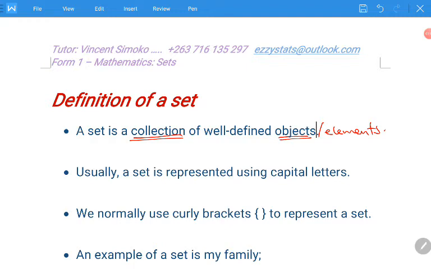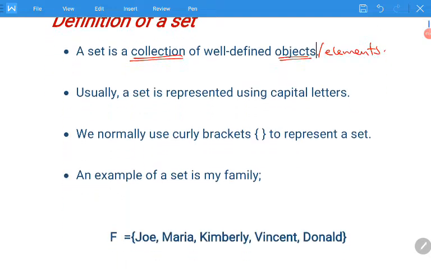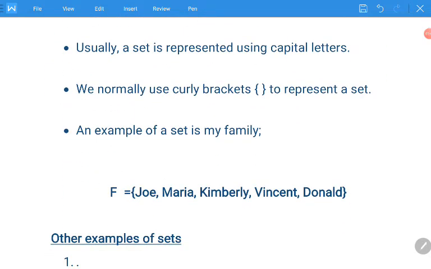I'm going to give you an example of a set which is a collection of well-defined elements. The first example that comes into my mind is my family. My family is a set. What each member of my family has in common is that they are members of the same family. So I'm going to use F to represent this family.